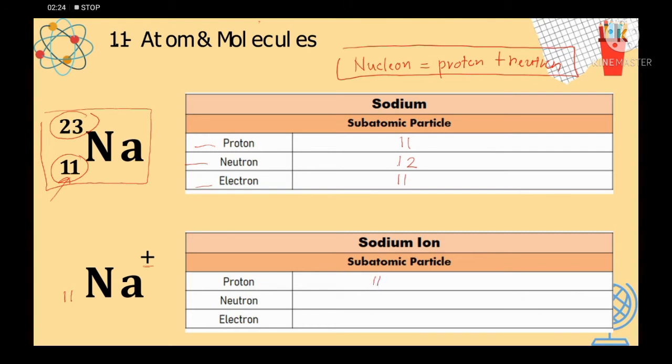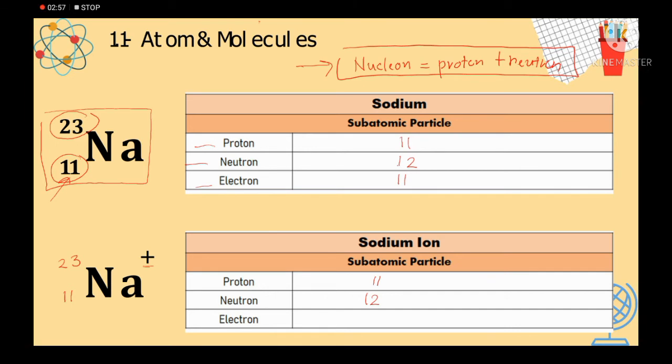How about the neutron number? Is it involved in forming an ion? Nope, right? Because to form an ion, whether you accept an electron or release an electron, the nucleus is unchanged. For this case, the cation releases an electron, so the neutron number is also 12, and the nucleon number is 23 as well, because nucleon number is equal to proton plus neutron.